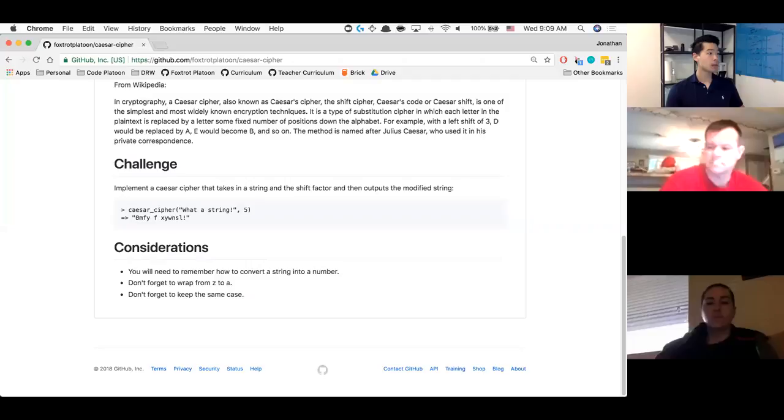So what do we want to call this, position? Because I'm going to iterate over everything. If the character is not a letter, keep it the same. Otherwise, we're going to do this giant thing. Now, we said the input was going to be a string and a shift amount, and the output was going to be a nonsensical string.